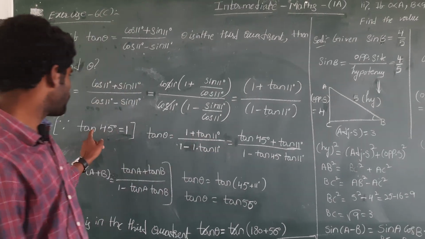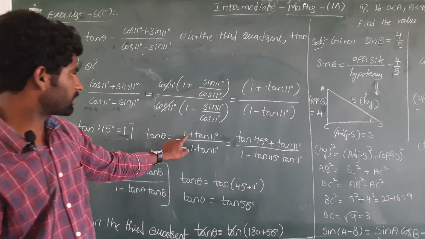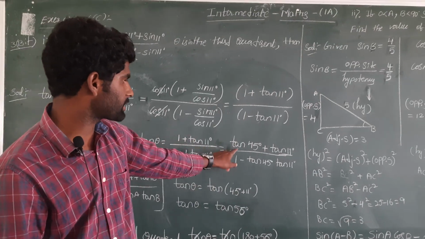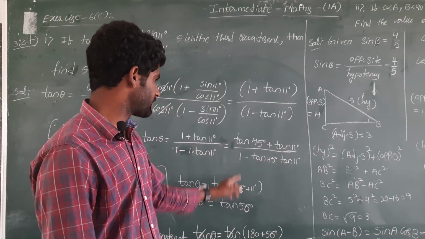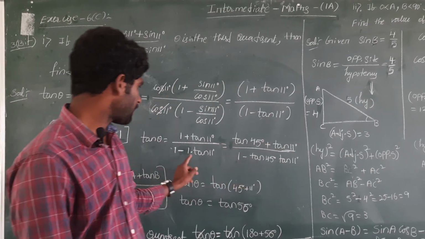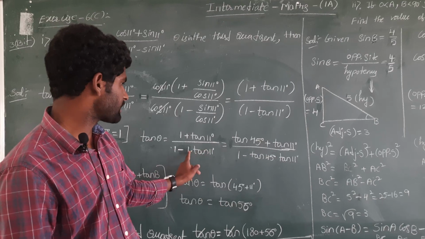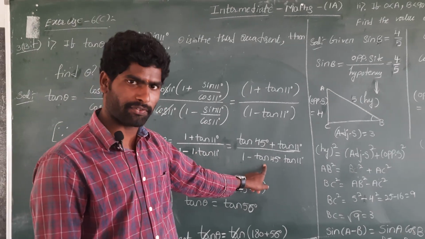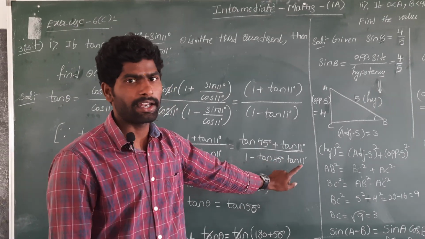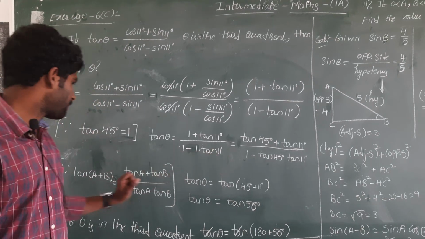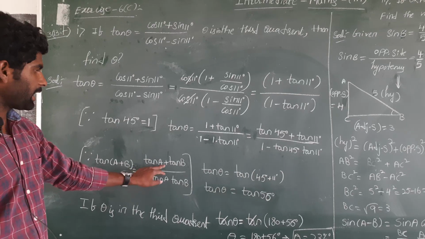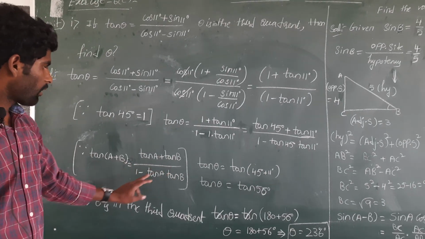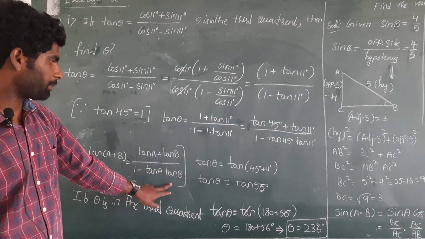Tan 45 value we already wrote, tan 45 equals 1. So in the place of 1 I can replace tan 45: tan 45 plus tan 11 degrees, and 1 minus, here I am writing 1 into tan 11, so in place of 1 I can write tan 45 tan 11. Here is one formula: tan of a plus b is equal to tan a plus tan b by 1 minus tan a tan b.